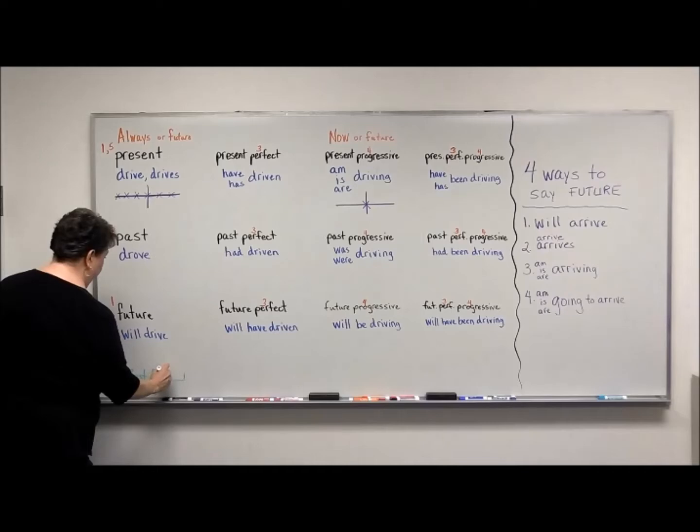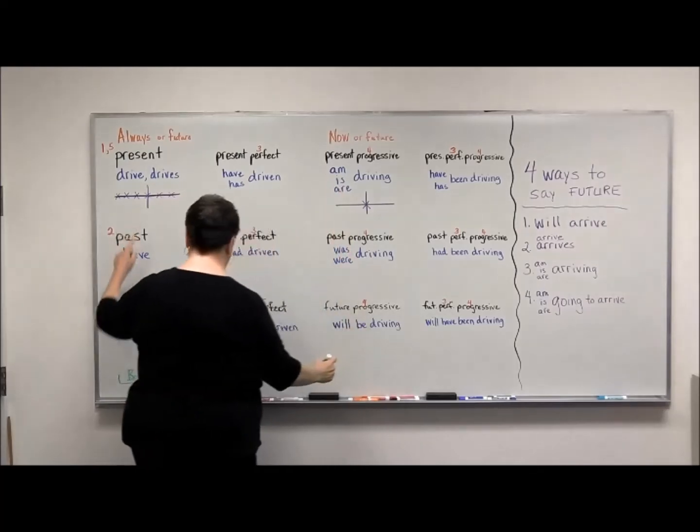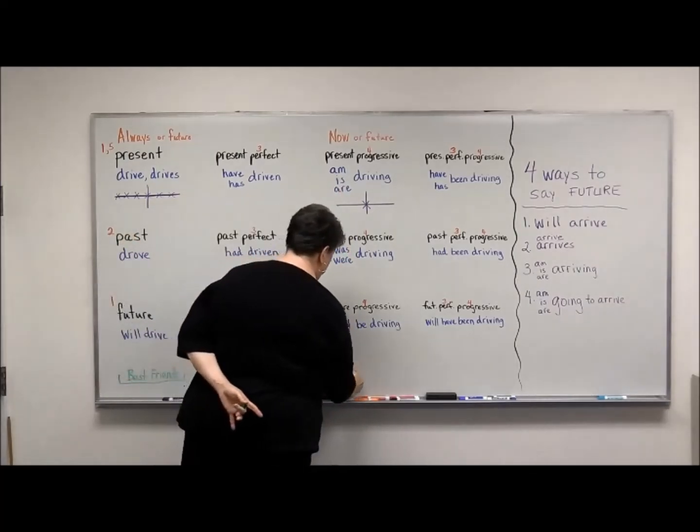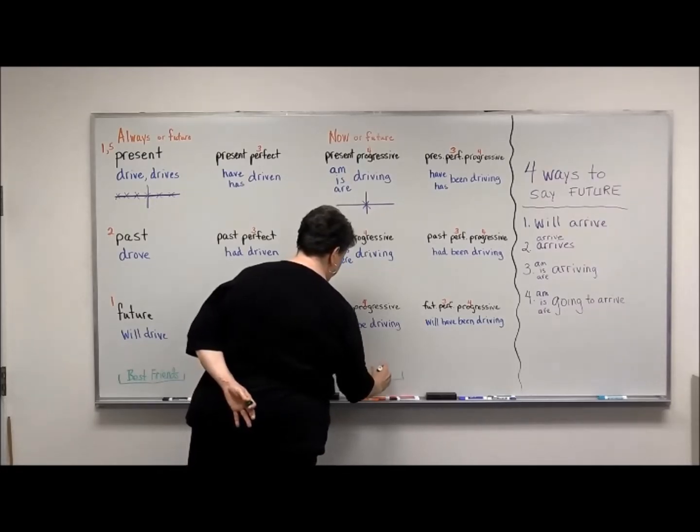That's right, I'm writing best friends. So you write it on your chart, underneath the progressives and the simples. Best friends. Are you taking notes? I hope so.